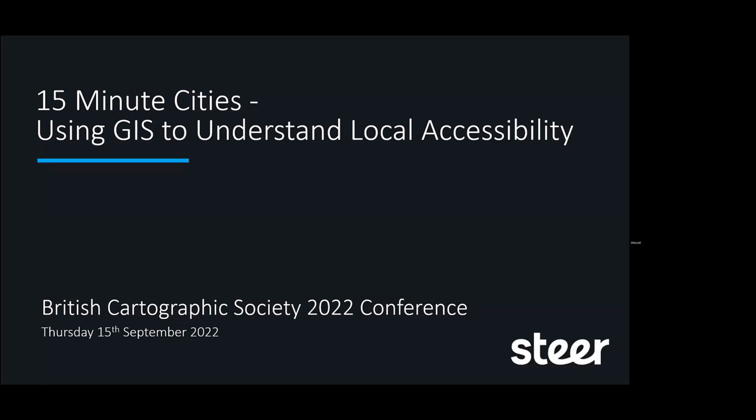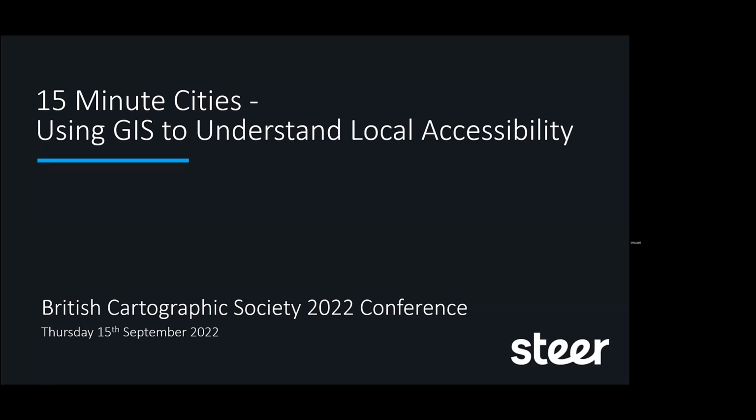But what we really wanted to understand is what measures of accessibility already existed, and if they offered the right level of analysis and data that we were interested in for the work we were looking to deliver to some of our clients. So we did an initial data audit of what is available out there at the moment, and there is some good data available.